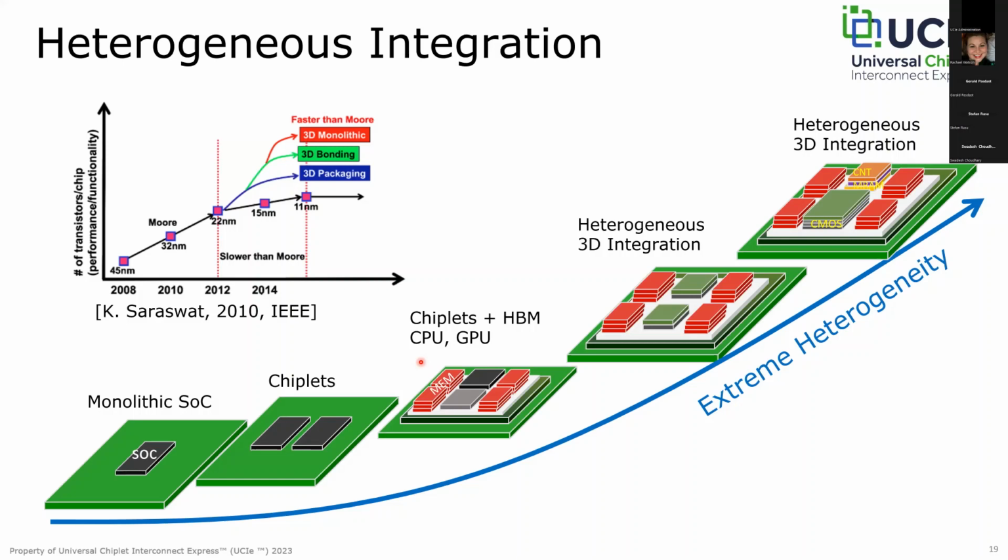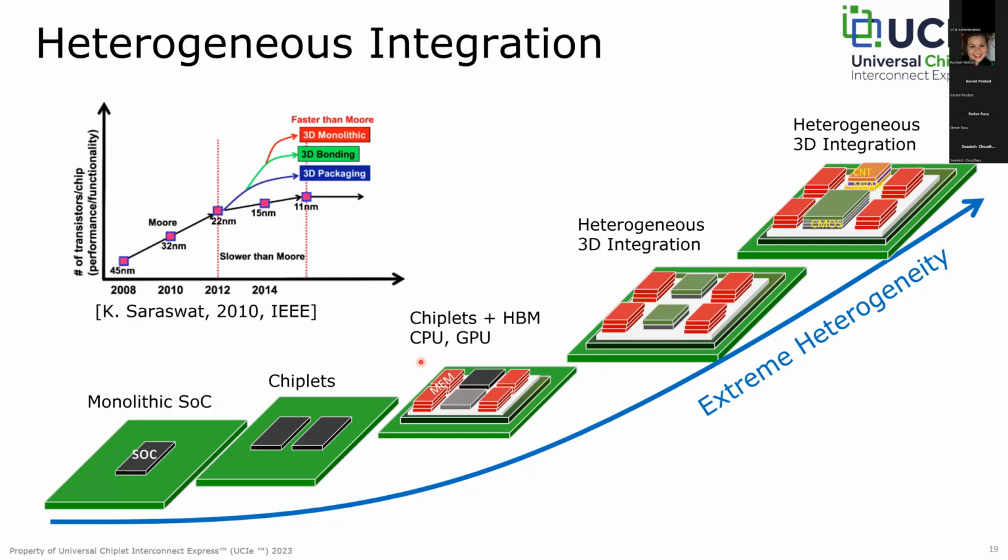Then we see 3D stacking, which is enabled by hybrid bonding, and that reduces the interconnect pitch between the die to less than 10 microns. So we have a high density interconnect vertically, and now we can optimize the technology node for each chiplet.